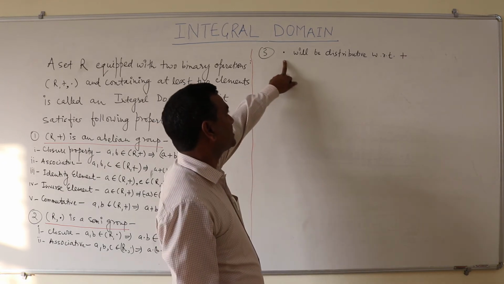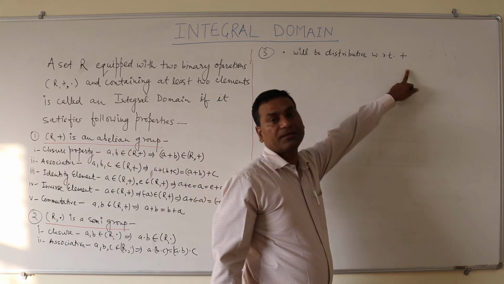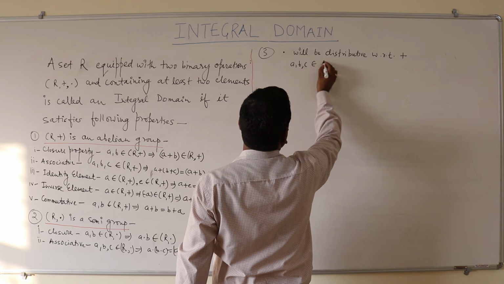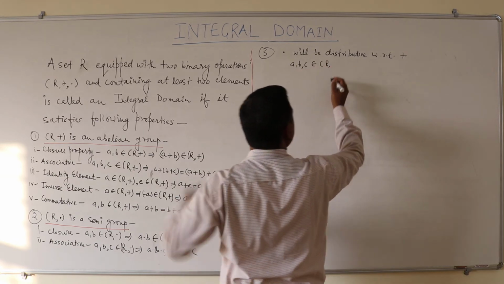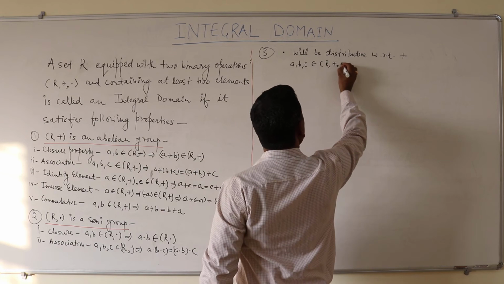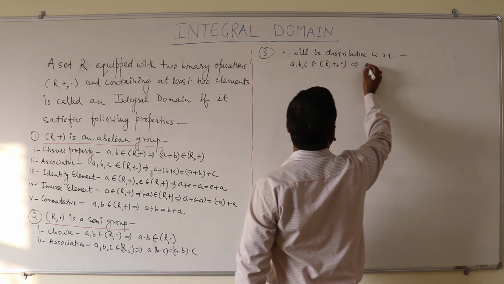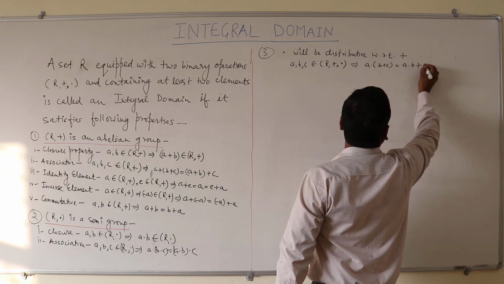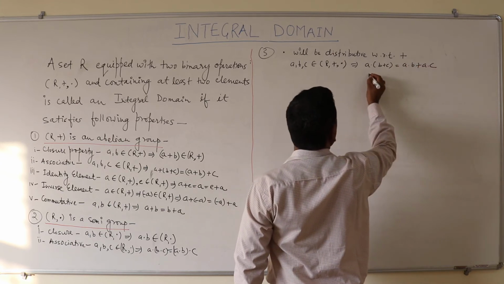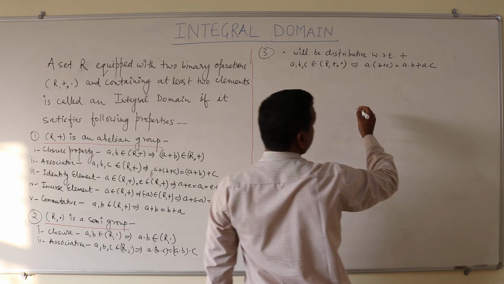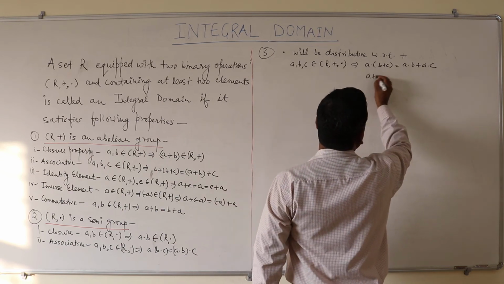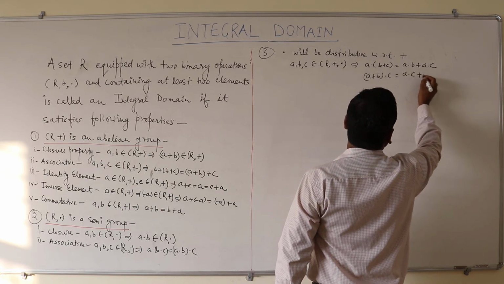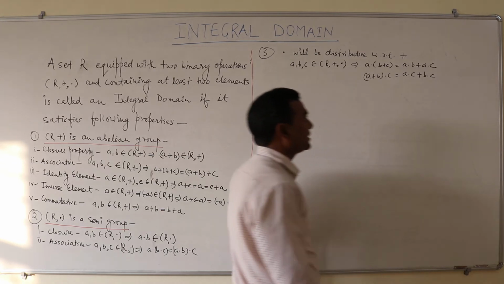Means multiplication will be distributive with respect to the plus. It means if a, b, c belong to this, then we will have a dot (b plus c) equals a dot b plus a dot c, and (a plus b) dot c equals a dot c plus b dot c.